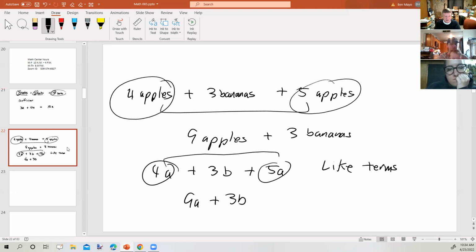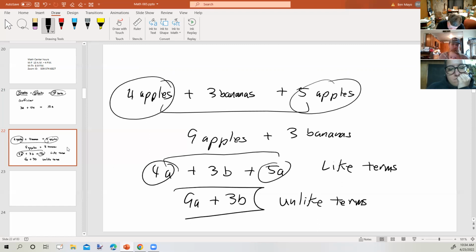They contain the same variable, but in this case, they do have different coefficients. 9A plus 3B cannot be combined. They are called unlike terms. And that's as far as we can go to condense or simplify what we have there. Any questions so far? All right.